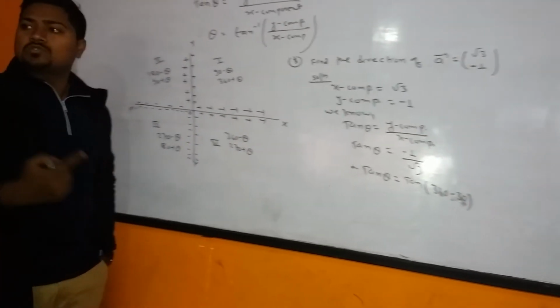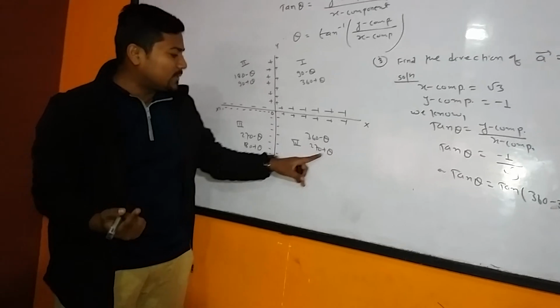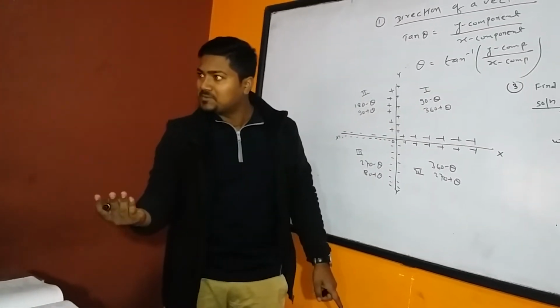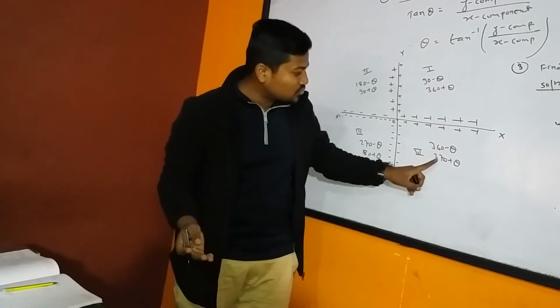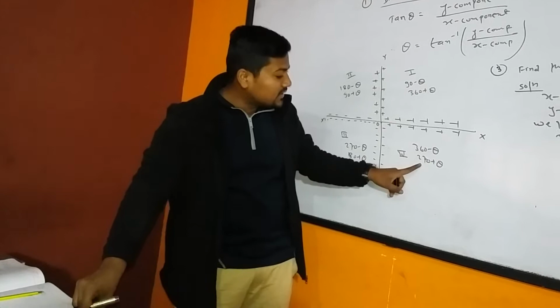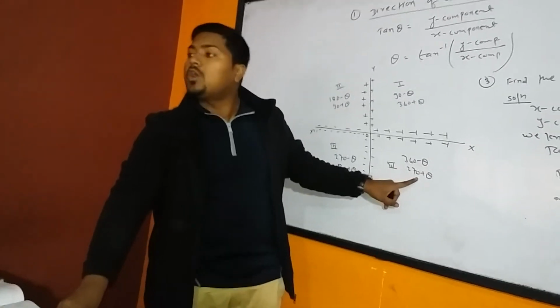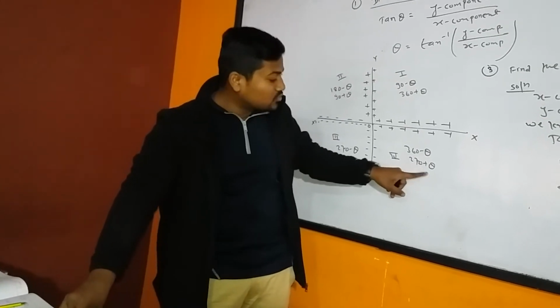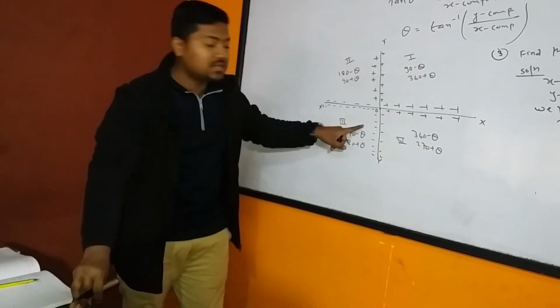But one question to you: why haven't we done 270 plus theta? That is also possible, no? But if you do 270 plus theta, then that is a mistake. Why? Because at 270, tan changes into cot, since this is an odd multiple, 90 into 3. So don't take 270 plus or minus theta.